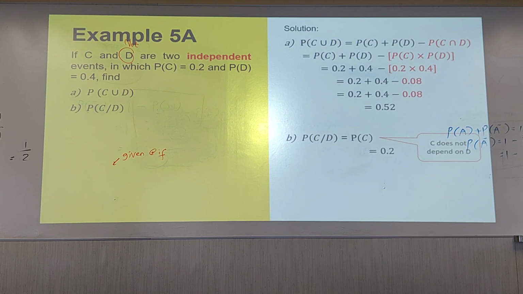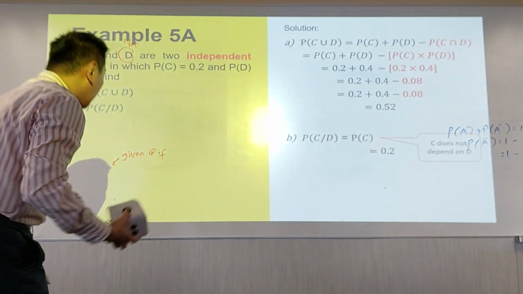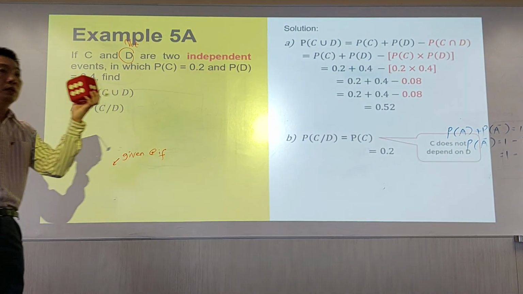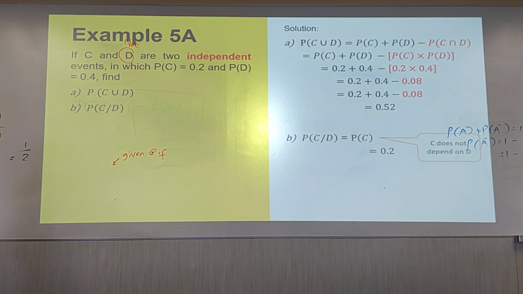If you throw these dice, the red dice result will not affect the white dice result, because these are separate objects. So the experiment of throwing two dice is considered as two independent activities. So we can apply the formula that we learned just now for independent events.